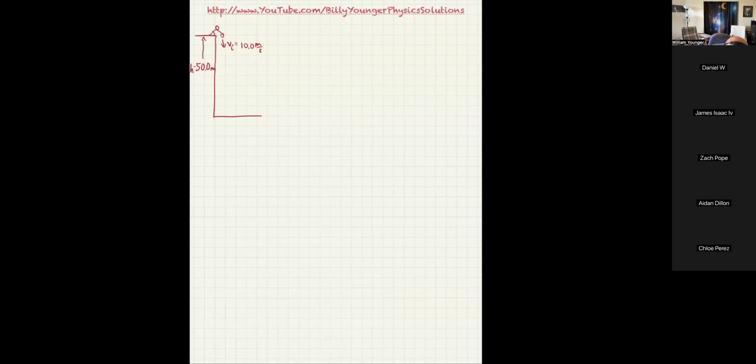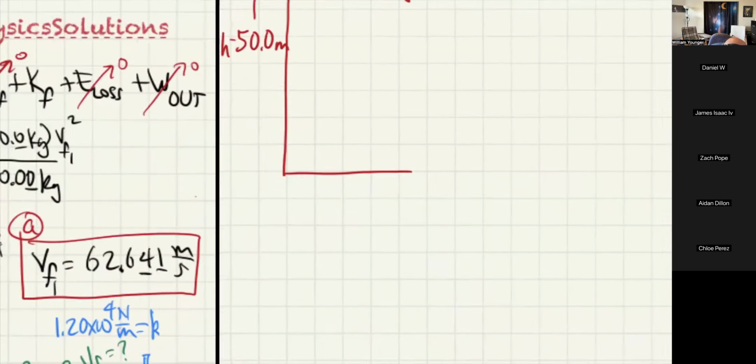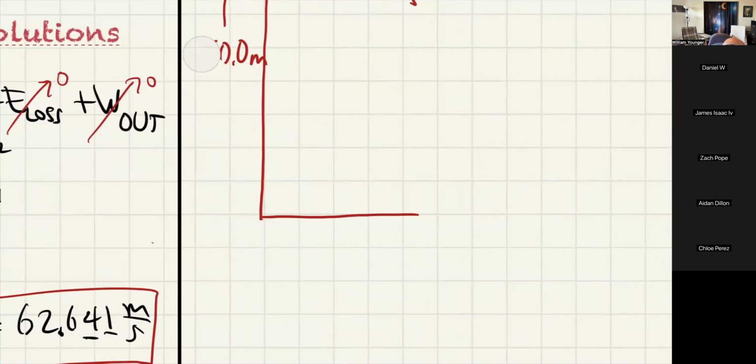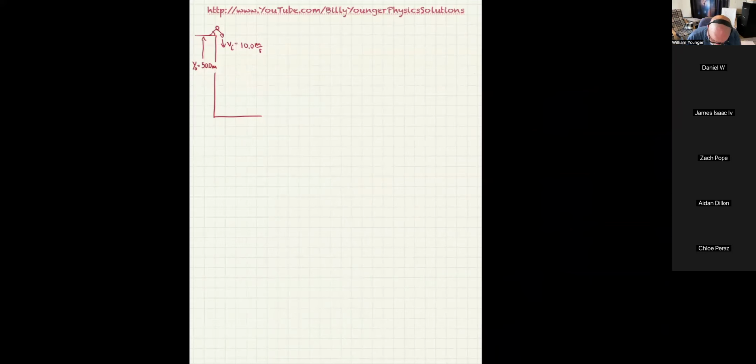That's what I should call that. So let me do this. So I'm going to say this is y0 is equal to 50.0 meters, like that.